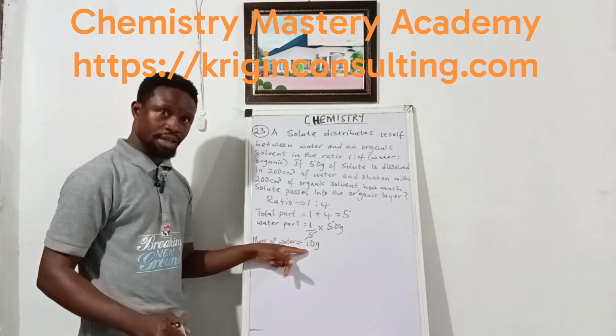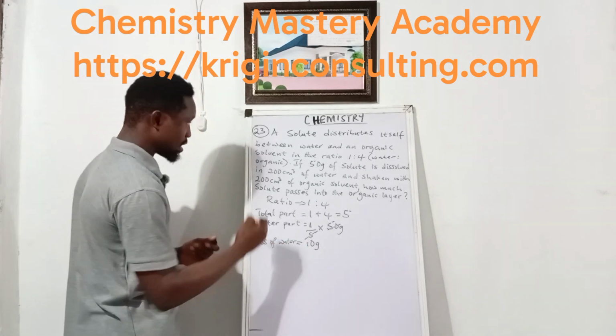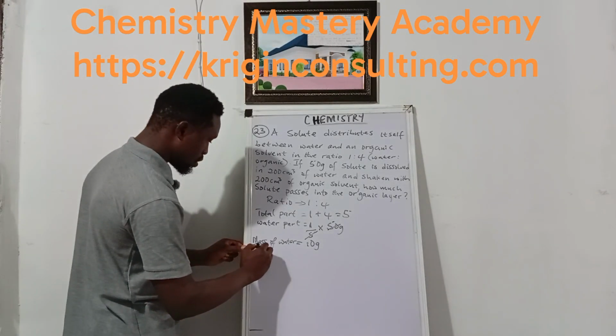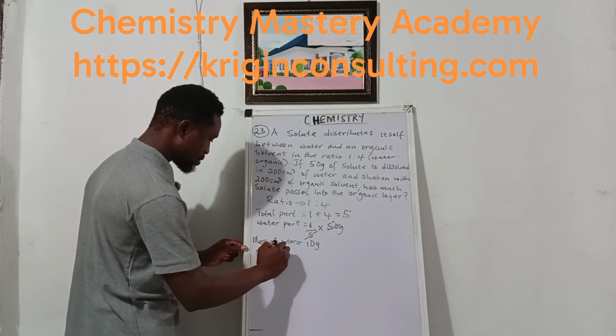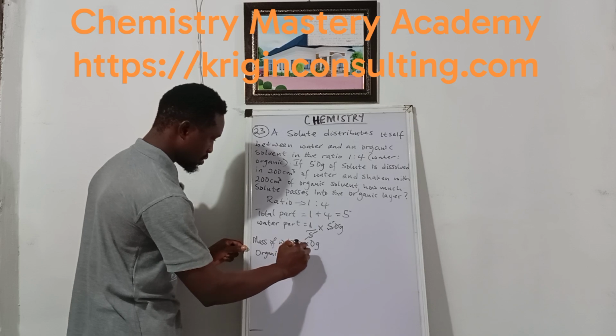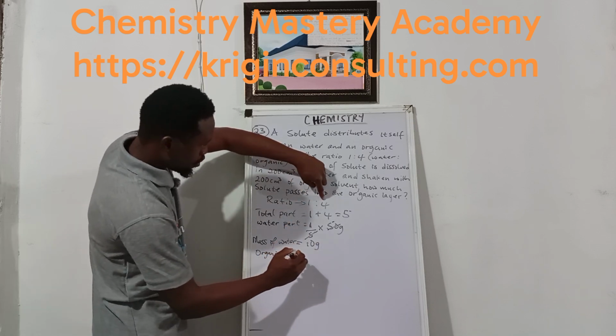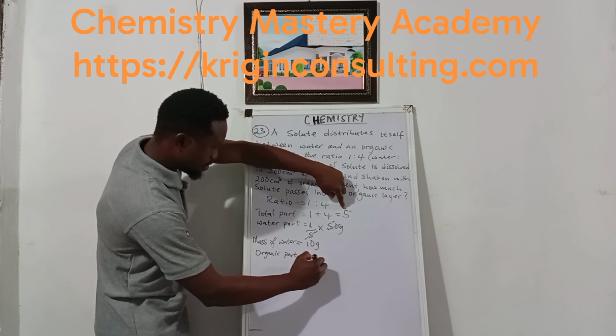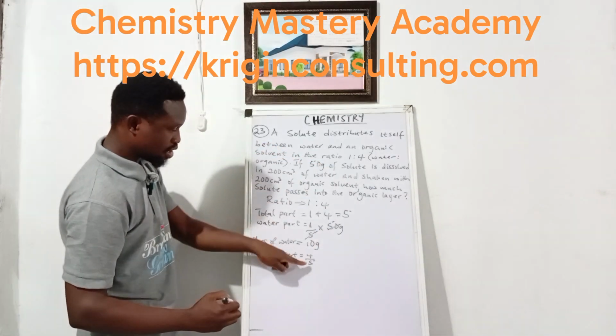Now let's look at the mass of solute that will dissolve in organic solvent. So we know the organic part is 4 over the total part 5. This is the organic part.